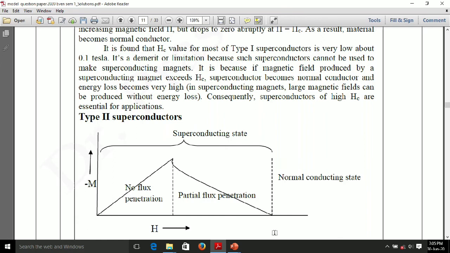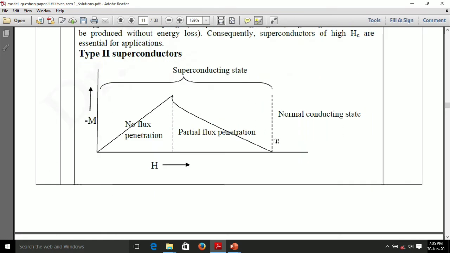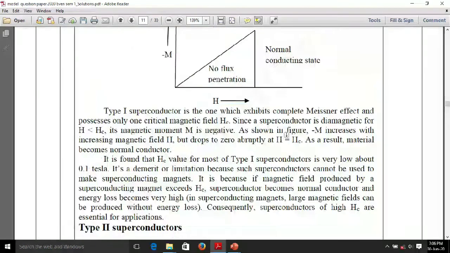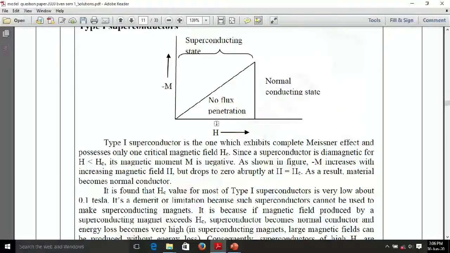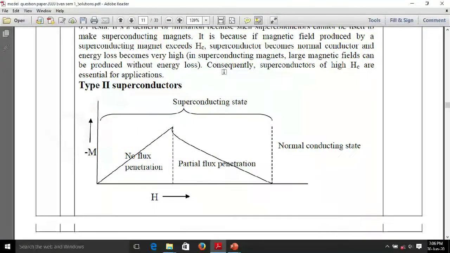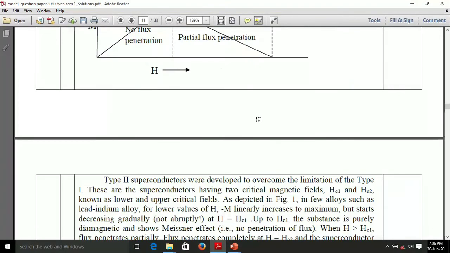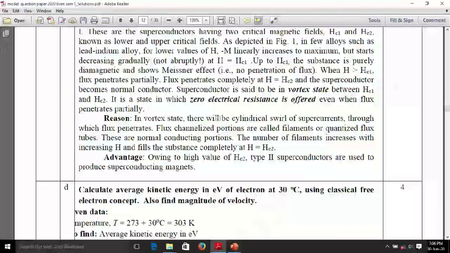Because of the second critical magnetic field, it is especially useful for superconducting magnets. This is all we discussed in the class. Since it is for 5 marks, we distribute the marks, for example 2.5 marks for type 1 and 2.5 marks for type 2 superconductor.